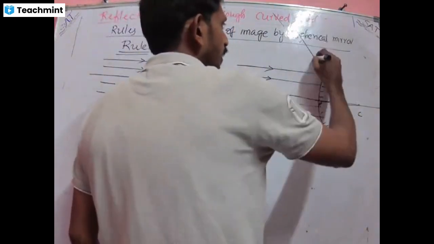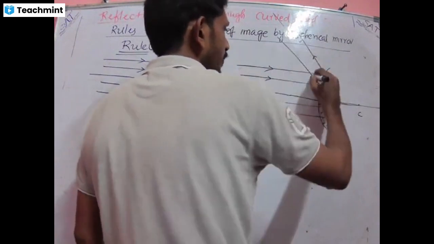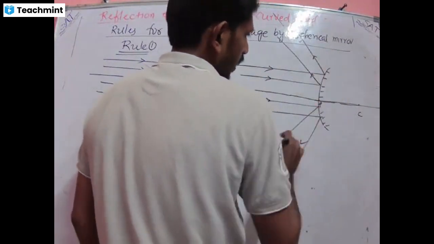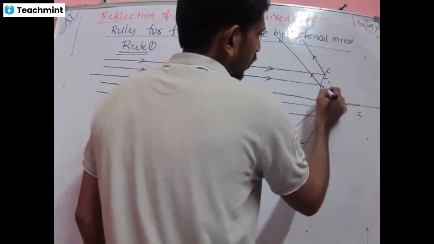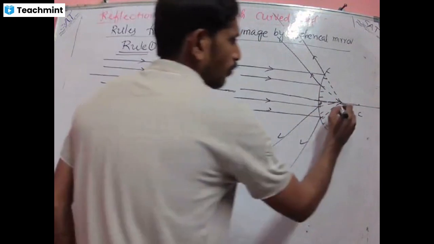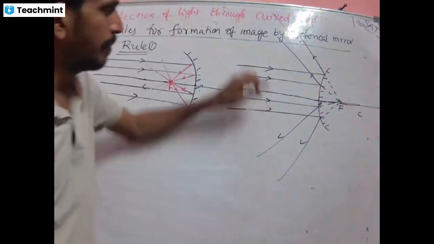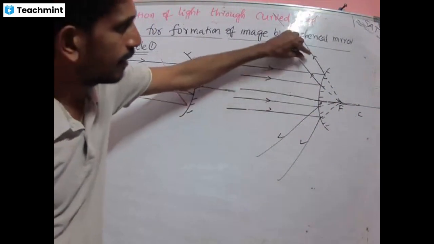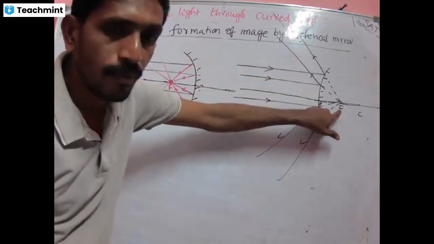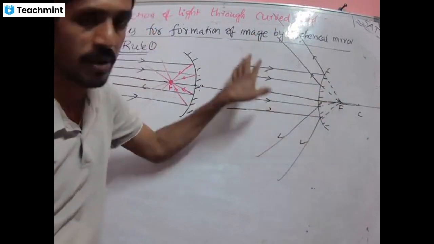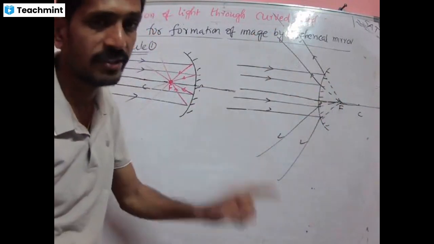This is a reflected ray, this is my reflected ray, and this is a reflected ray. If you back trace them, they pass through the focus. This is the focus F. A beam of rays which are parallel to the principal axis, after reflection, appear to meet at the focus. That is rule number 1 for the convex mirror.